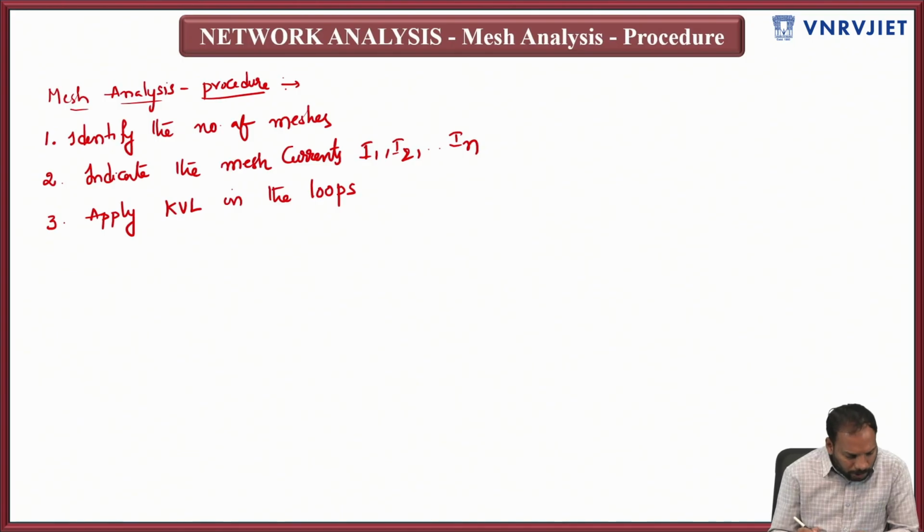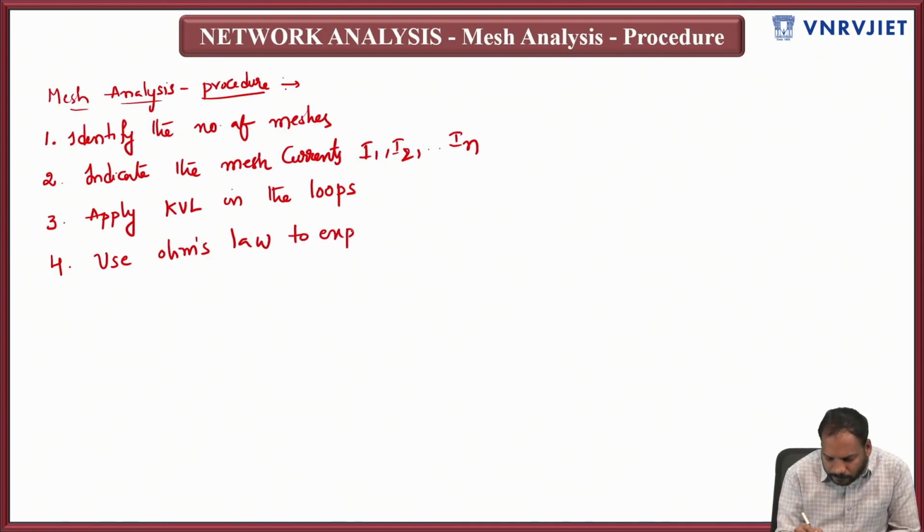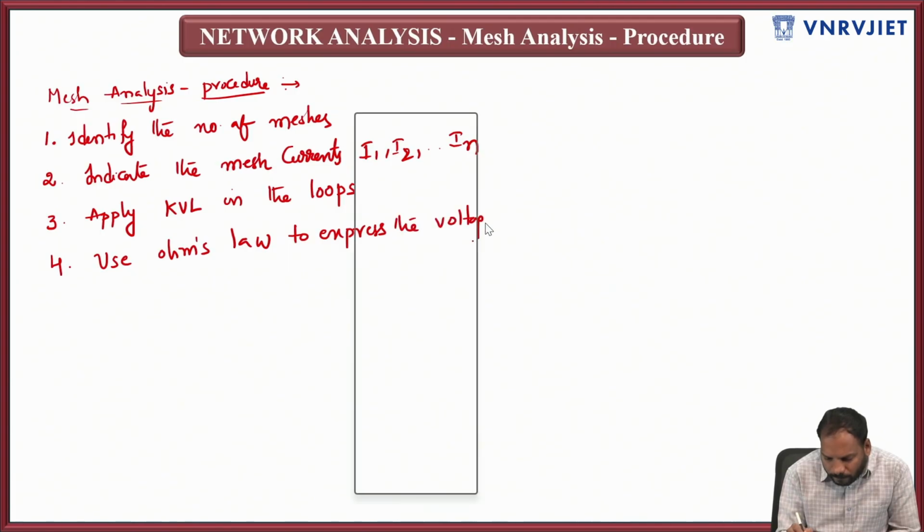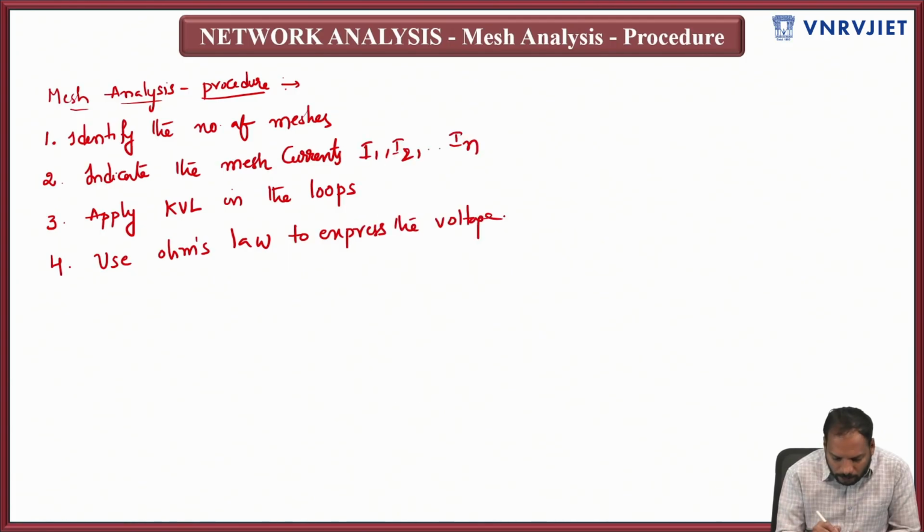Once you apply KVL in the loop, next use Ohm's law once again to express the voltages in terms of mesh currents.